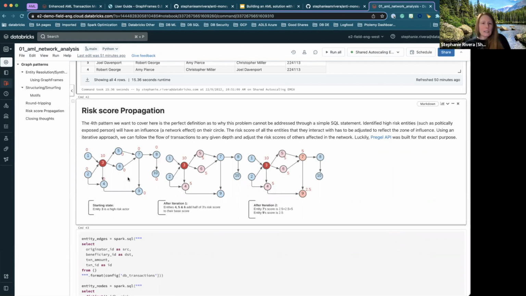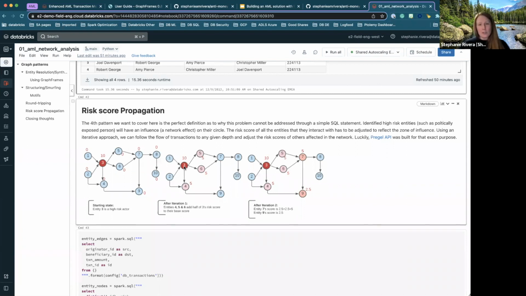So here we can see there's the starting state. So we know 3 is a high risk for being bad or suspicious or committing crimes. And so then we do an iteration, and anybody that that particular node 3 is sending money to also is considered to be dangerous.